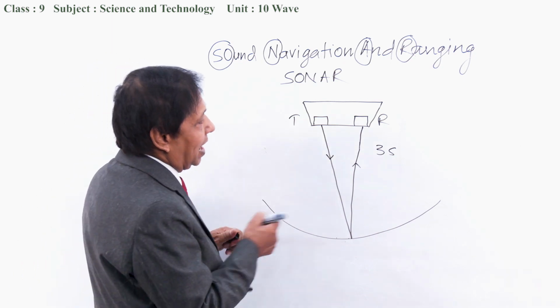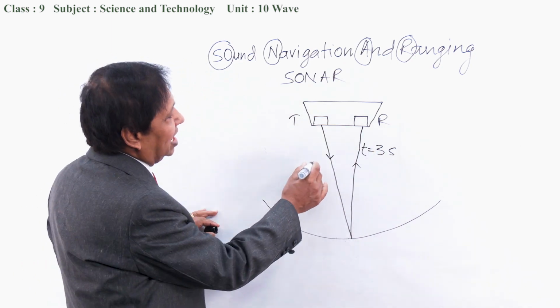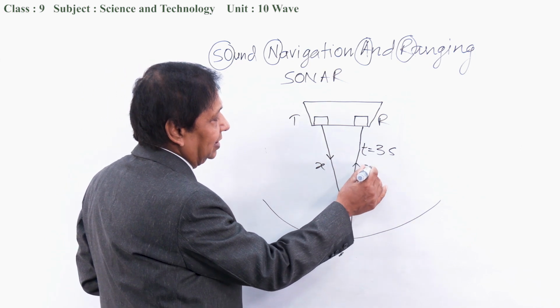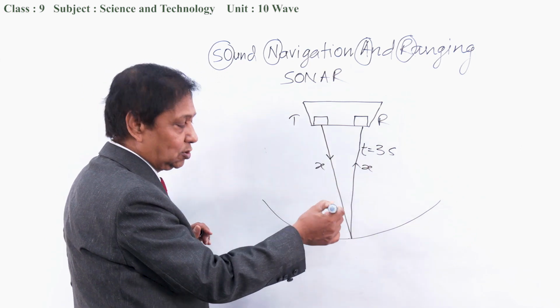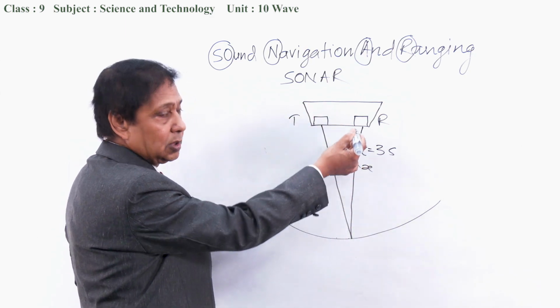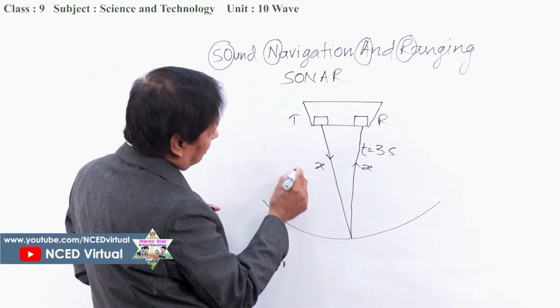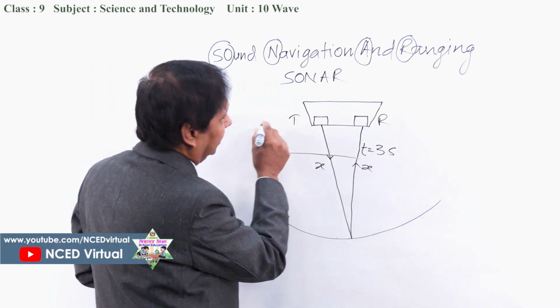Then the total time taken is 3 seconds, and the distance covered is 2x. Let's say x is the distance to the seabed, and x is again the distance from the seabed to this receiver.